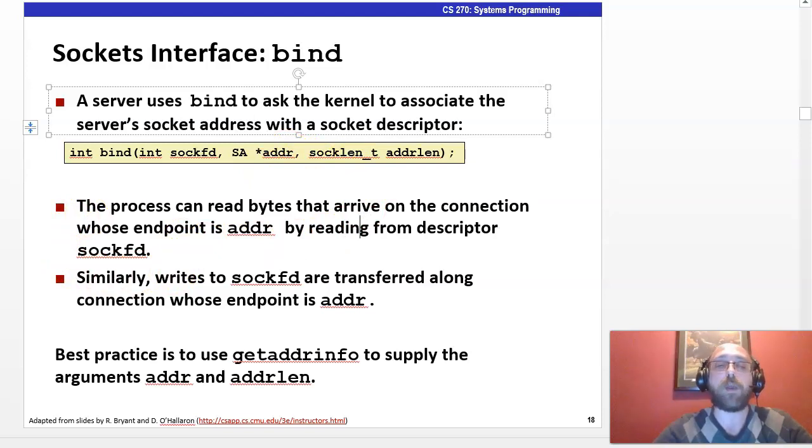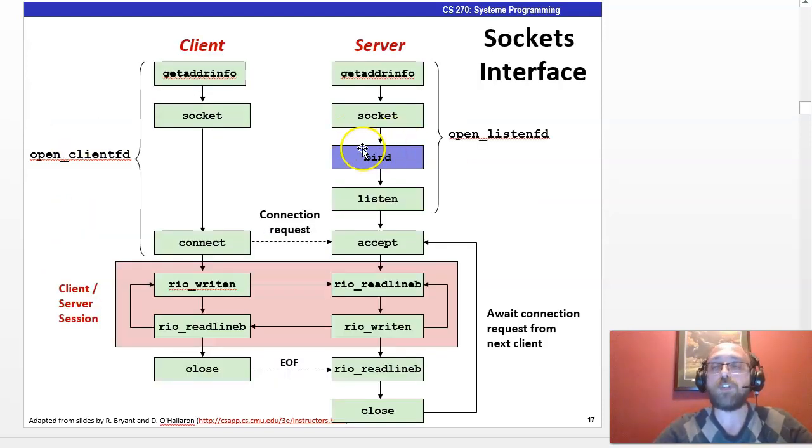So in our diagram, it showed bind as only happening on the server side. Some client programs will use bind occasionally, particularly if they want to work well with computers with multiple IP addresses.